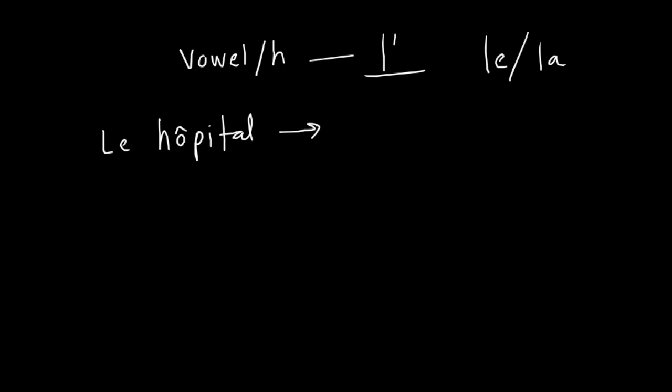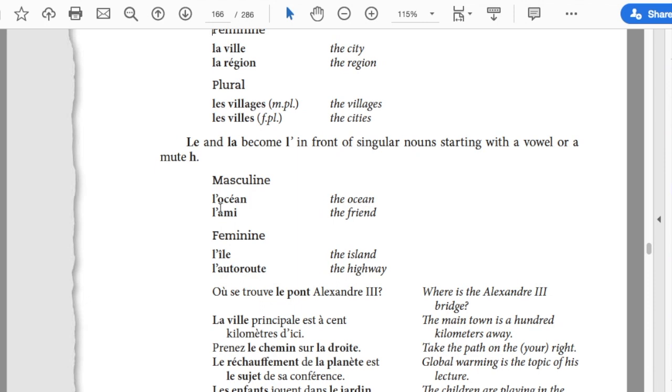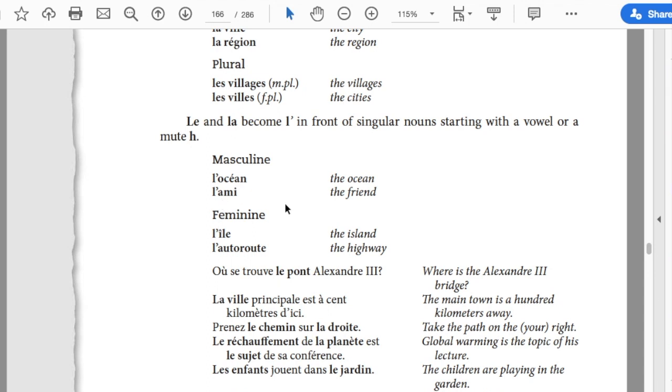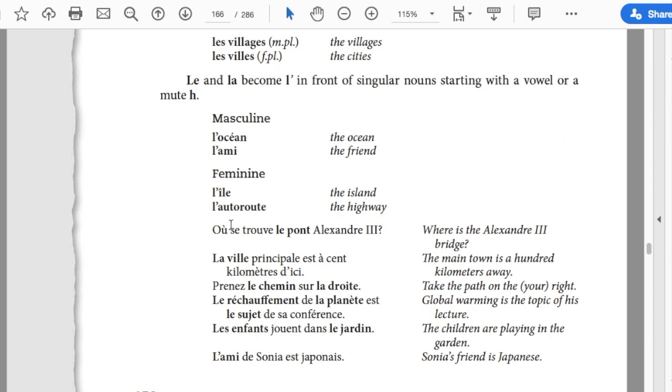It sounds clumsy. So what you do, because it starts with a vowel or H, you put it like this: l'hôpital. Okay? Oui. Another example of that would be l'océan, which is the ocean. Or l'ami, which is a friend. Island is feminine, so you say l'île. Or highway is also feminine, so you have to say l'autoroute.